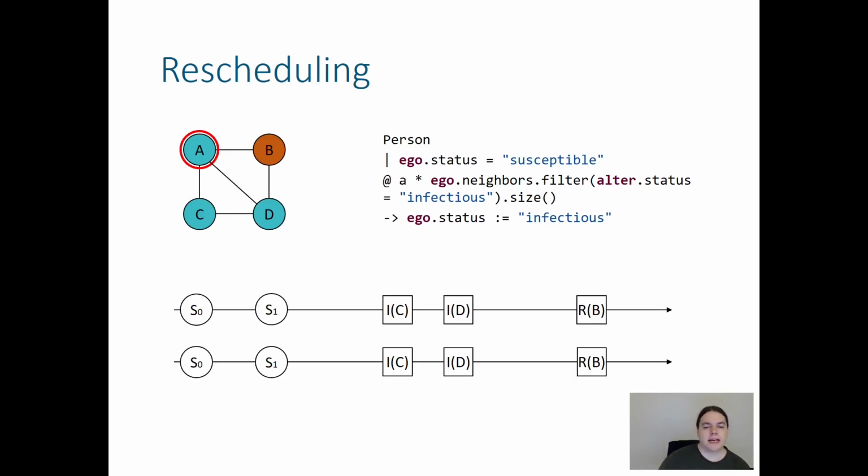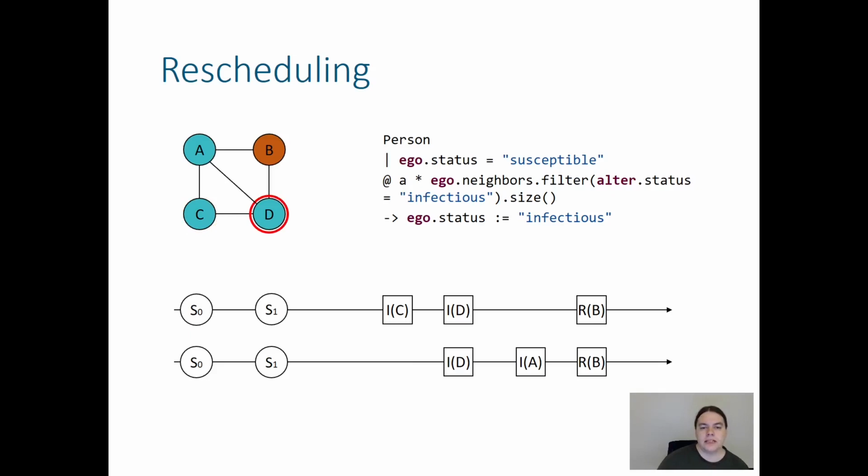So we draw from the exponential distribution and we get a time for this infection event, and it's this one. We look at B. B can still not be infected because they're already infectious. C has no longer any infectious neighbors, so this rate is 0. And if the rate is 0, it means the event can never happen. So we remove that.